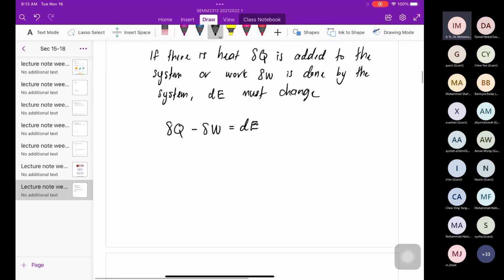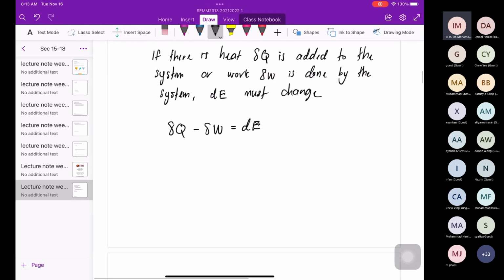So if we want to change into the rate, the work rate and the heat rate, we can write Q dot, that means Q dot is dQ over dt. Alright, Q dot minus W dot equal to dE over dt. That means this term we divide with dt.